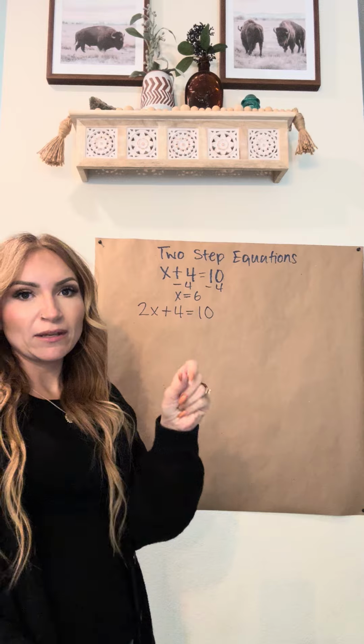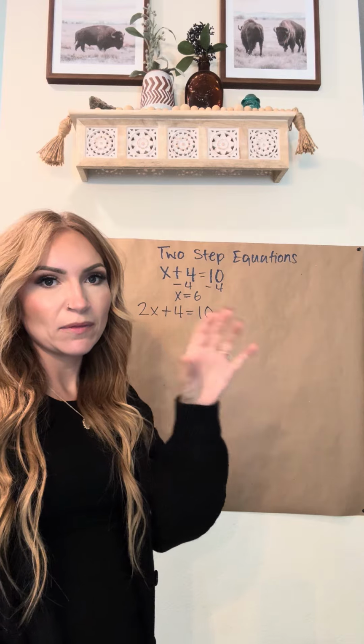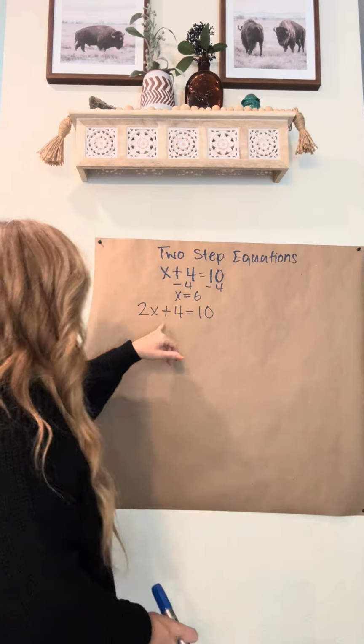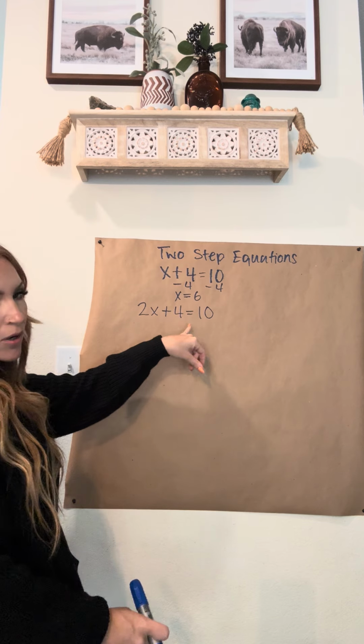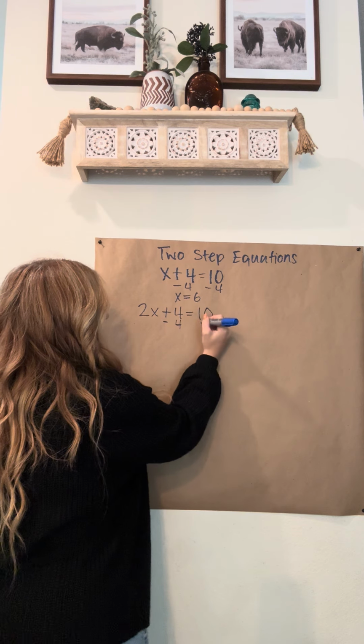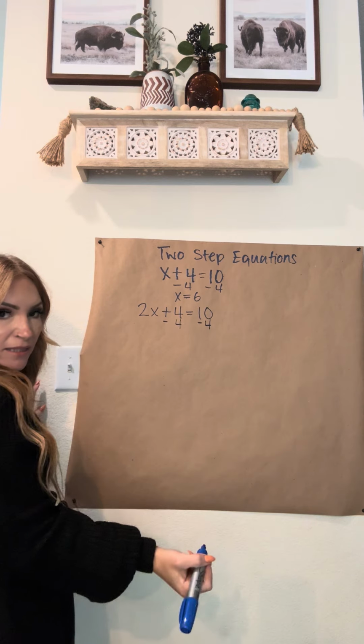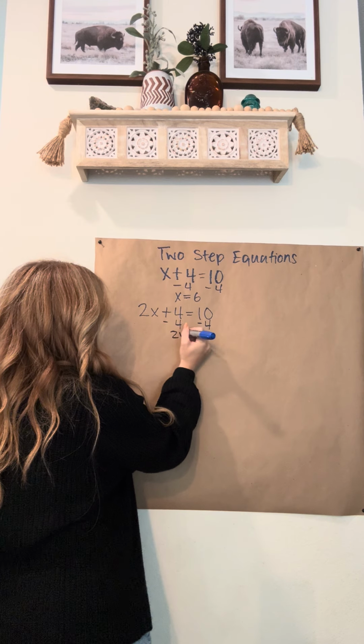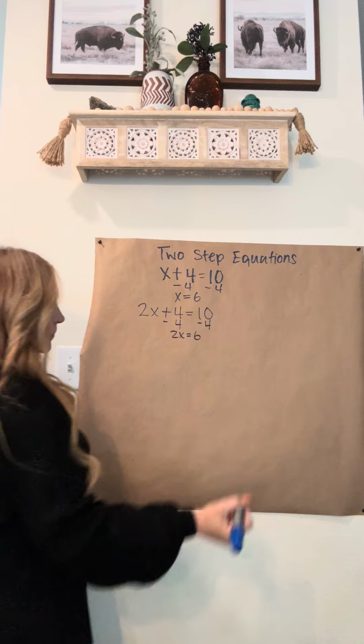So since we're doing inverse operations, we're doing them the opposite, right? So we're gonna subtract 4 from both sides. So it's going to give us 2x equals 6.